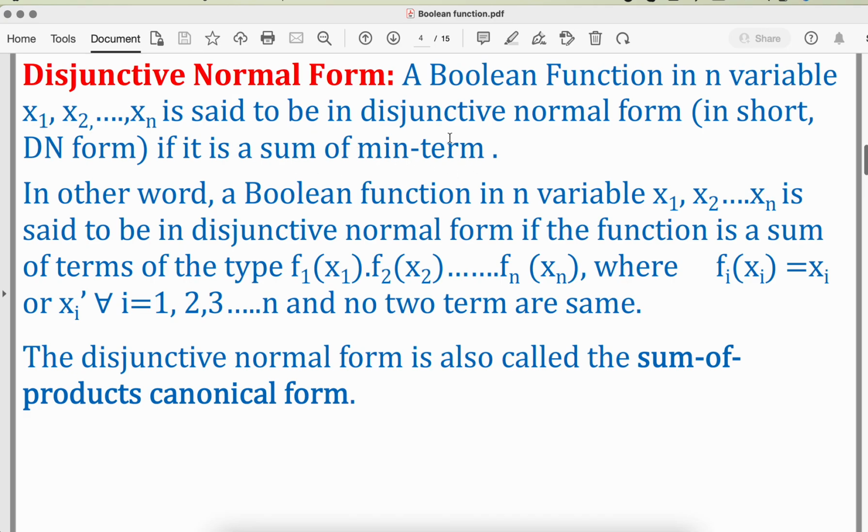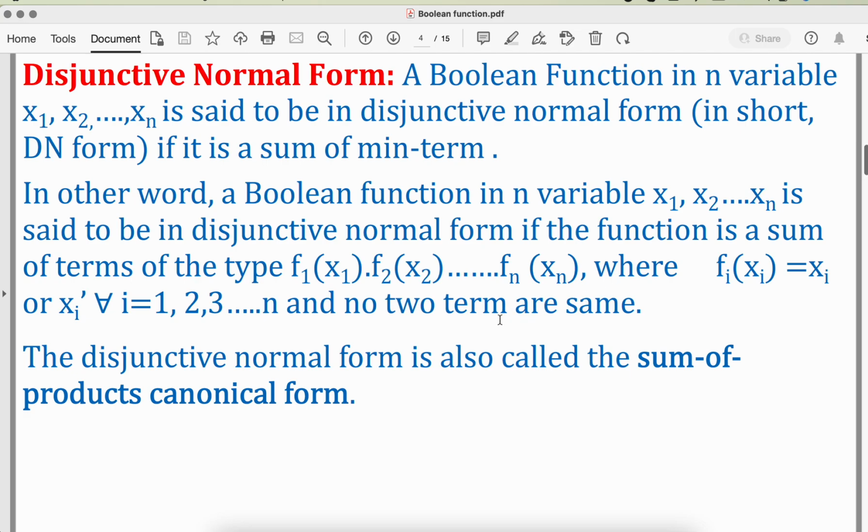In other words, the function is a sum of terms of the type f1(x1) into f2(x2) into ... fn(xn), where each fi(xi) is equal to either xi or the complement of xi for all i equal to 1, 2, 3 up to n, and no terms are the same.